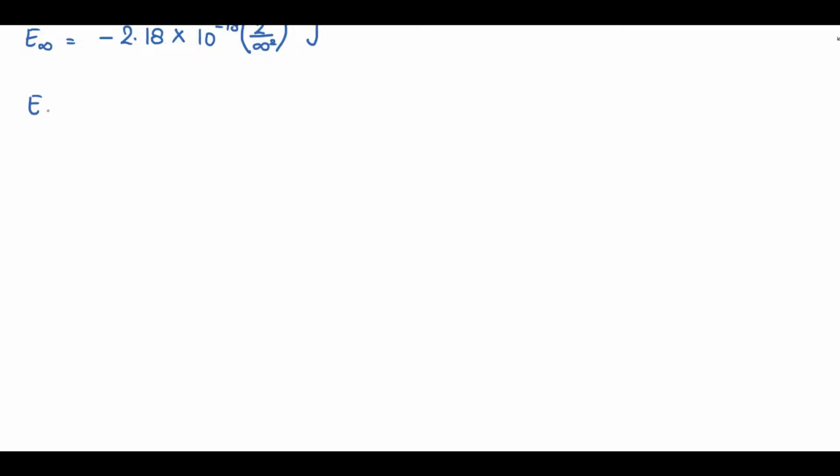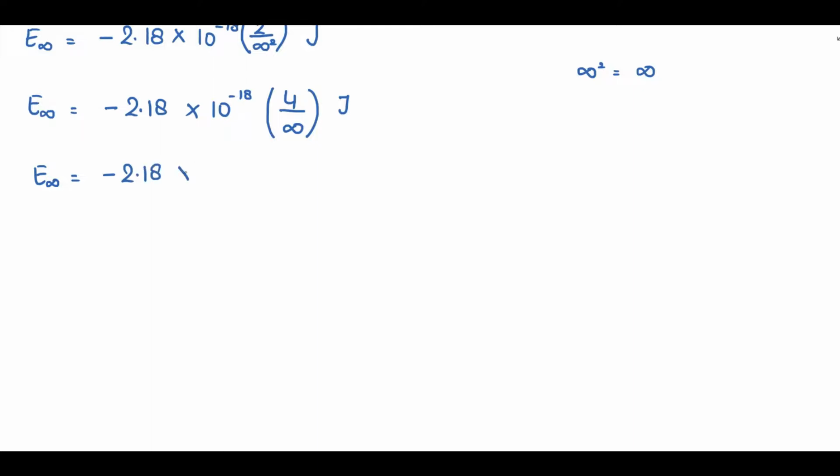E∞ equals minus 2.18 × 10⁻¹⁸ × 2 squared, that will be 4, divided by the square of infinity, which will be infinity, into joule. If I divide something by infinity, it will be 0, right? So 0 multiplied with something will be 0. So E∞ equals 0. That means the energy of the infinite orbit will be 0, right?